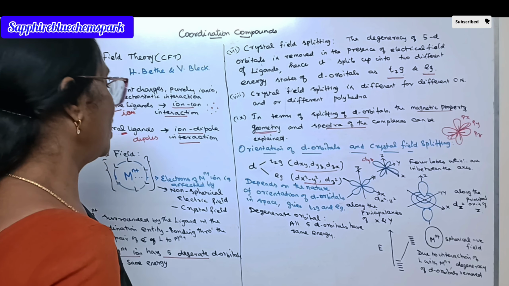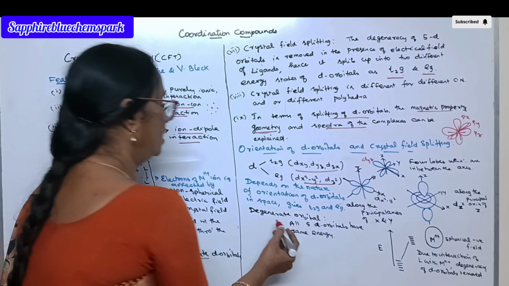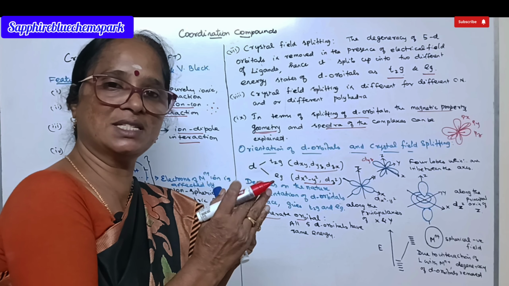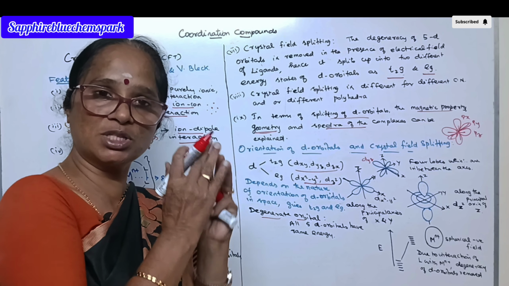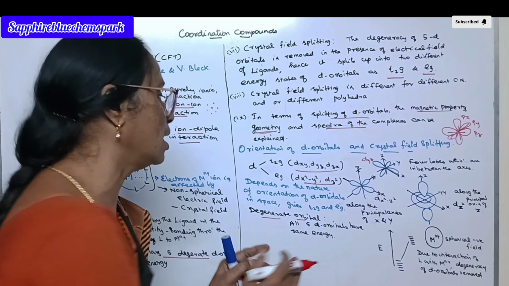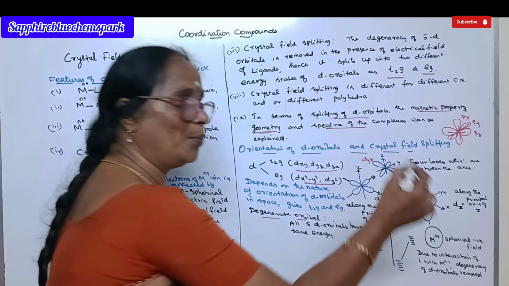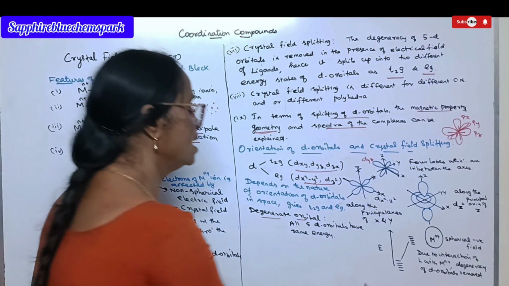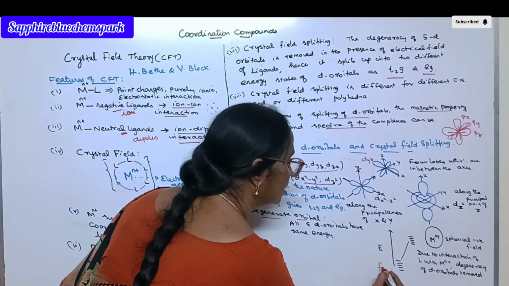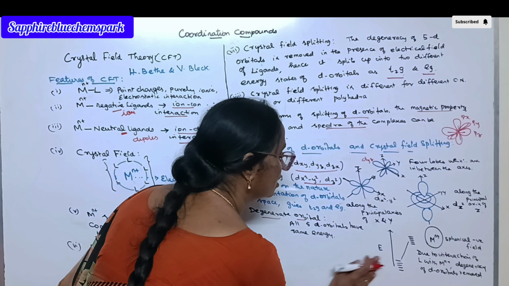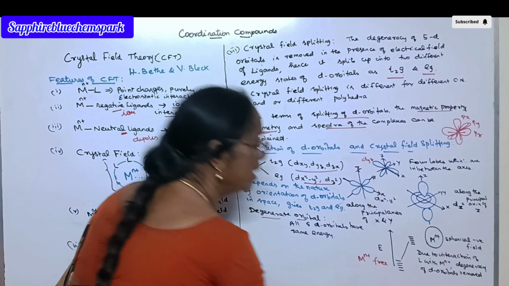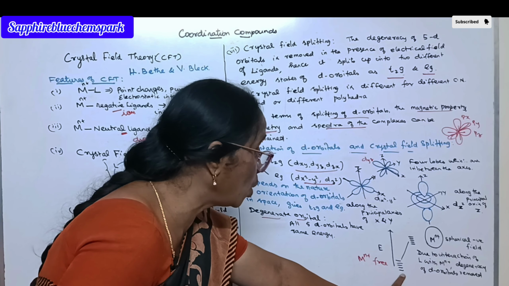The next one: what do we mean by degenerate orbitals? When the metal ion is in its free state, all 5 d orbitals have the same energy and are at the same position. In this case, all these 5 orientations are at the lower energy.